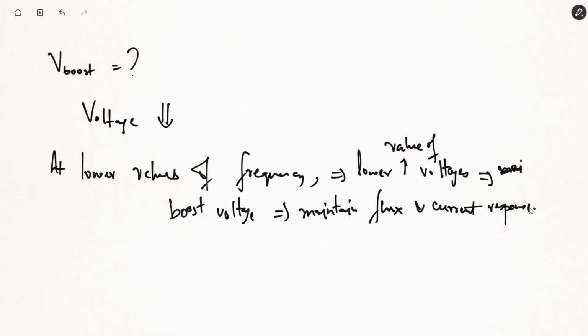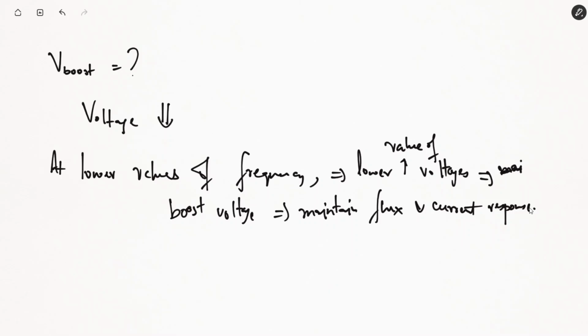ऐसा भी हो सकता है कि लोअर वैल्यूज पे, वोल्टेज के लोअर वैल्यूज पे वो सारी की सारी वोल्टेज स्टैटर कॉपर लॉसेस, वो स्टैटर रेजिस्टेंस सारी की सारी वोल्टेज एब्जॉर्ब करेगा. आपका जो स्टैटर वोल्टेज है दैट विल नॉट बी एबल टू generate the magnetic field or the magnetic flux. Fine.